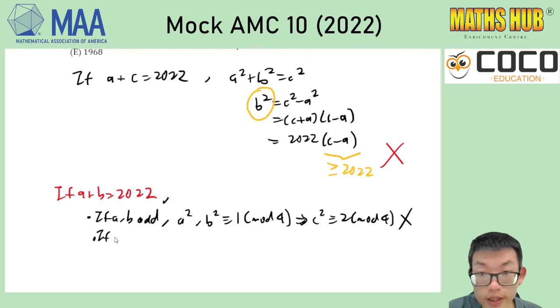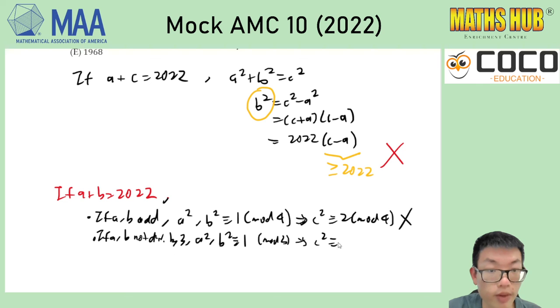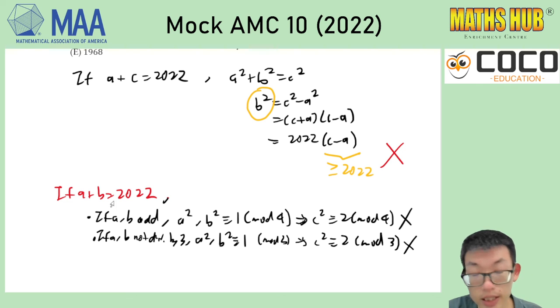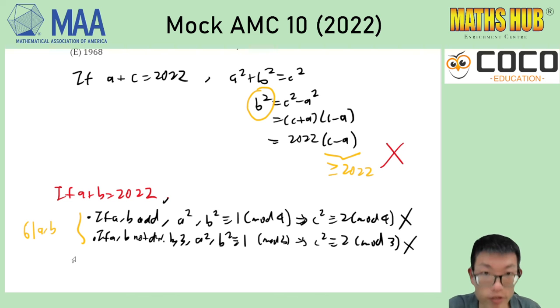The other one which I want to deal with is 3. So if a and b are not divisible by 3, same thing happens again. So I basically am just saying ditto, but this time mod 3. Squares can only be 0 or 1 mod 3, so that does not work. Now, the conclusion is that a and b are multiples of 6. And if a and b are multiples of 6, then c would also have to be a multiple of 6.